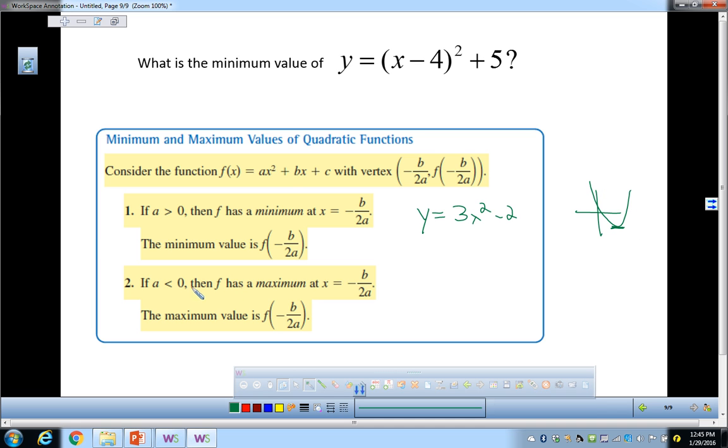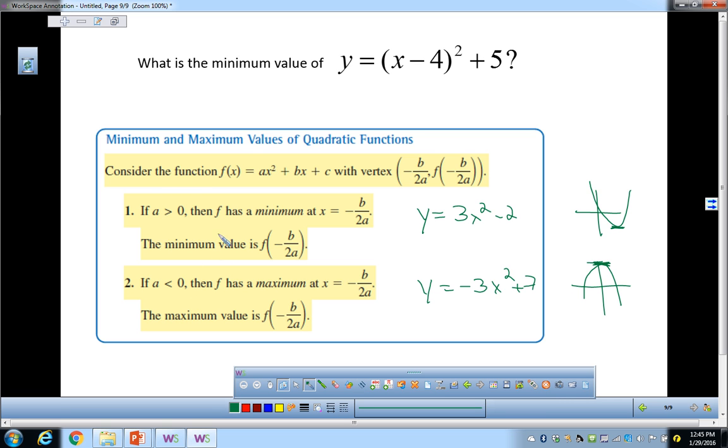And if a is a negative number, y equals negative 3x squared plus 7 or something like this, when you find the vertex of this parabola, you have found a maximum. Okay, that's all that says.